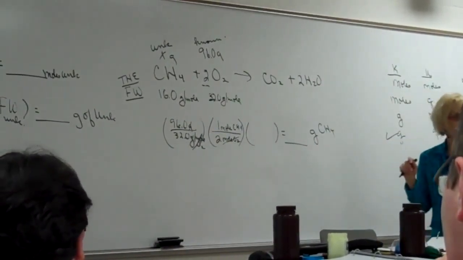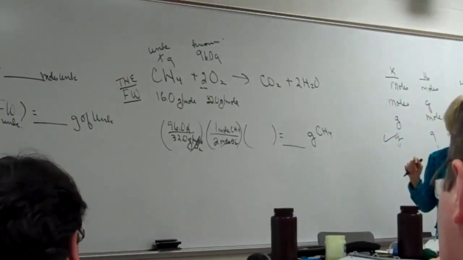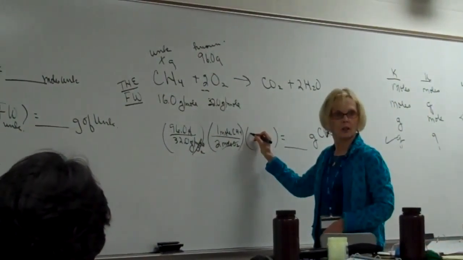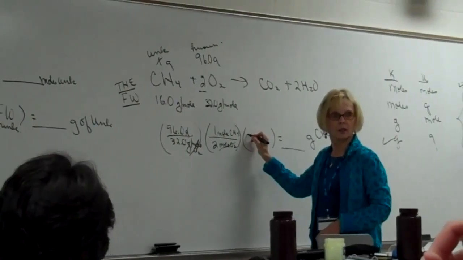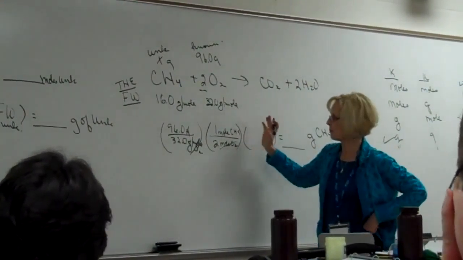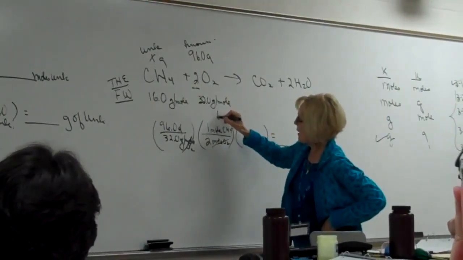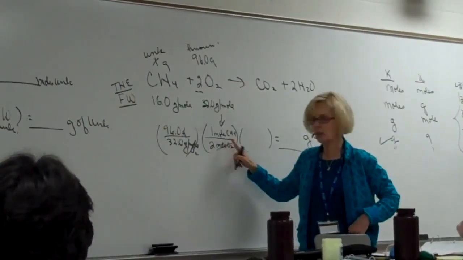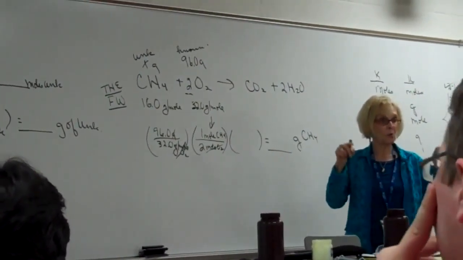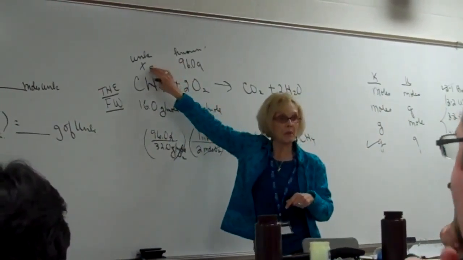Okay, but we want to go all the way to grams here. So what are we going to do, Antonio? I'm confused with that part. Okay, if you stop right here, you would have moles of methane, but you need grams of methane because this particular problem wants grams of methane.